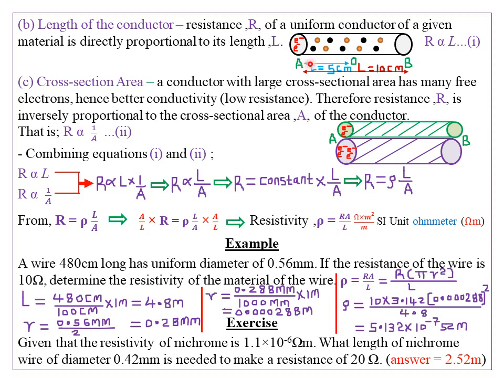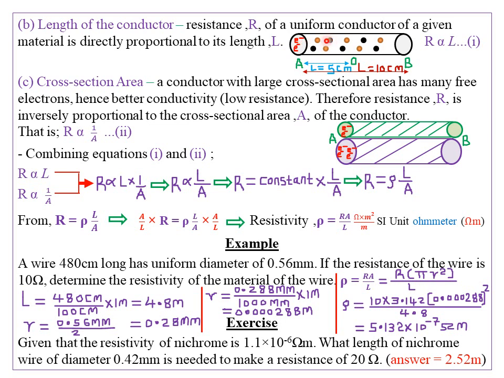So consider these two lengths. From point A up to point O, this conductor has a length of 5 centimeters. You can see within 5 centimeters, we have 1, 2, 3, 4, 5, 6 impurities plus the atoms. And remember, these impurities and atoms are the ones that block the flow of electrons.